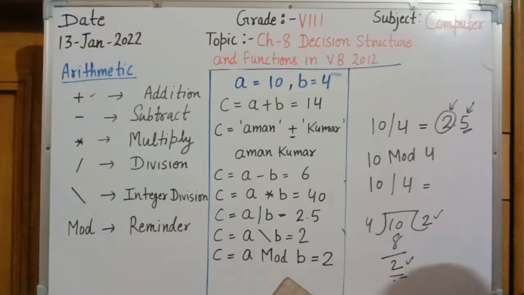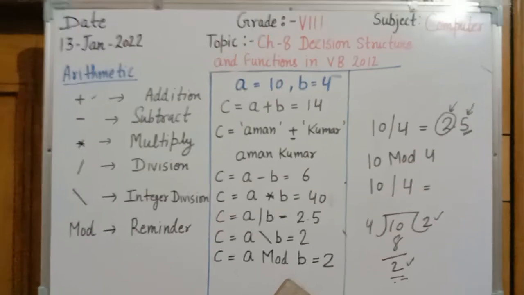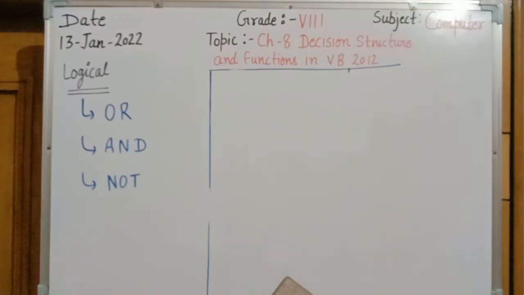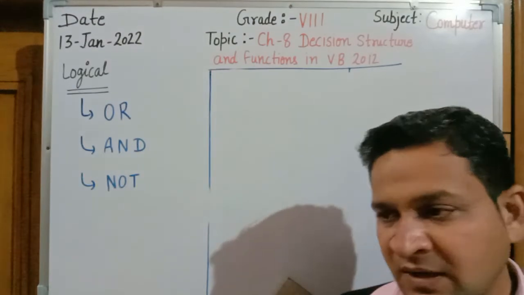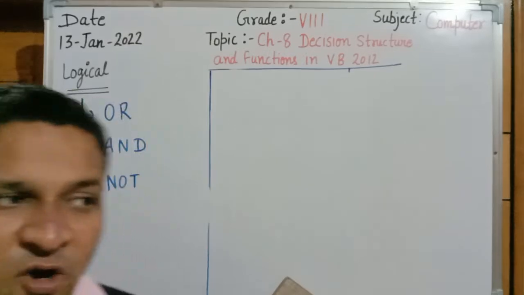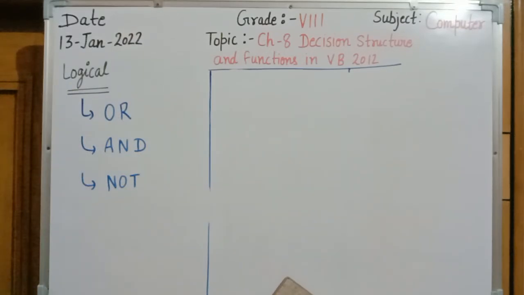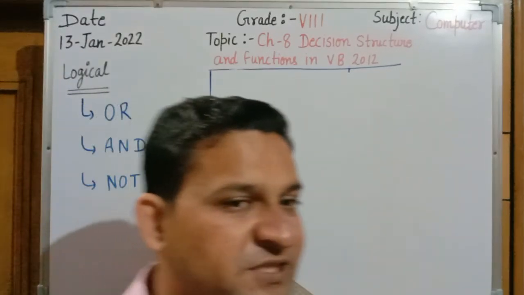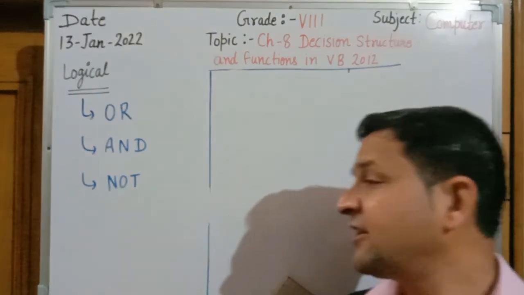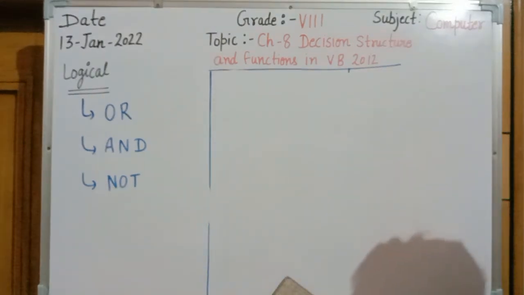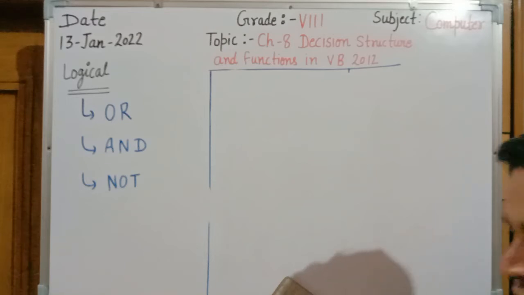The next type of operator we are discussing is the logical operator, which will perform logical operations. A logic will be checked, a condition will be checked. If it is satisfied, then the result will be true. Logical operators can be of three types: OR, AND, NOT.